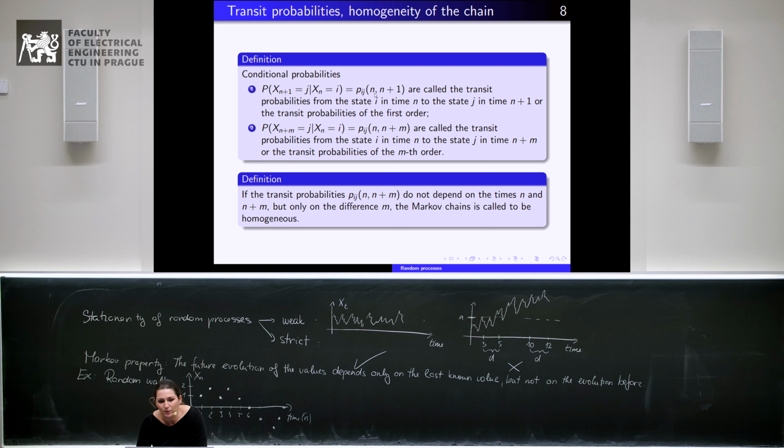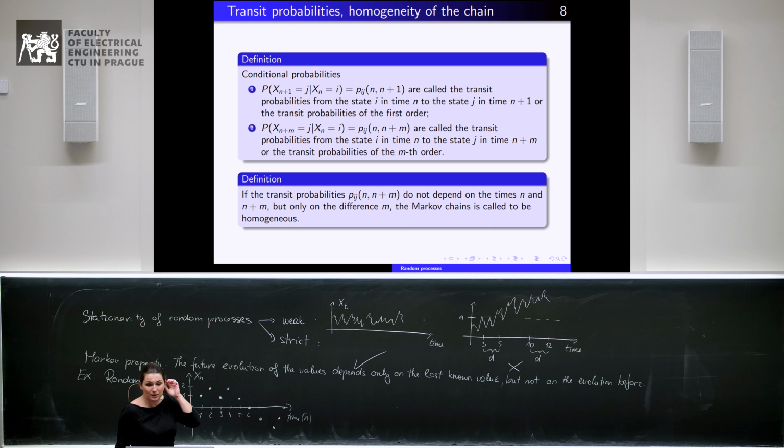In the brackets we can write n+1, but usually we suppose, and this is the definition below, that these probabilities, which are called transit probabilities, don't depend on the value n, on the time n where we are, but depend only on the difference of the time.